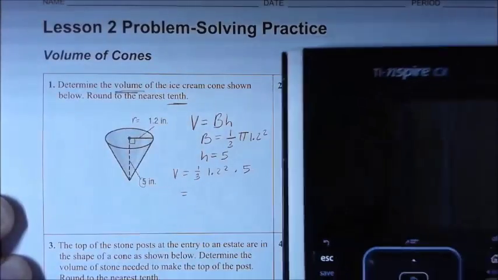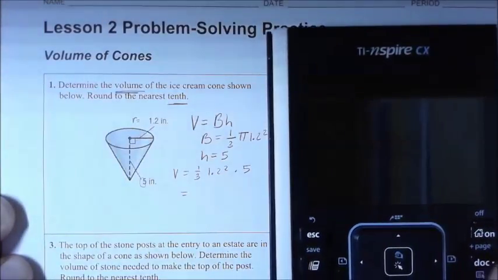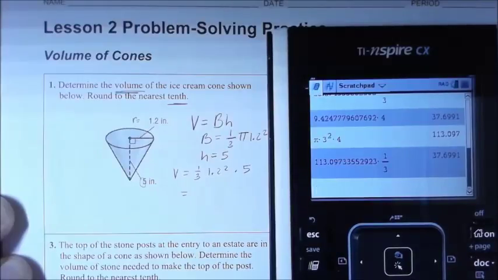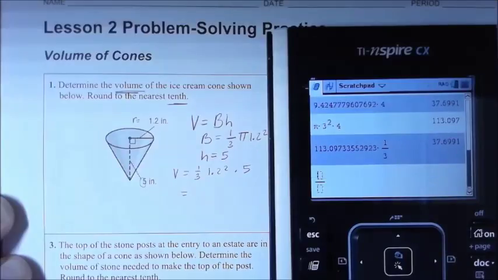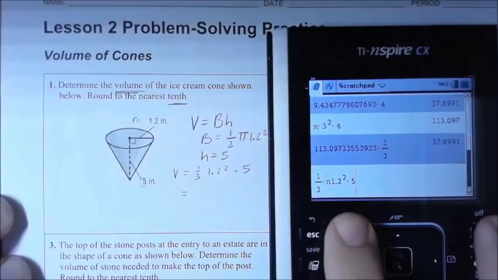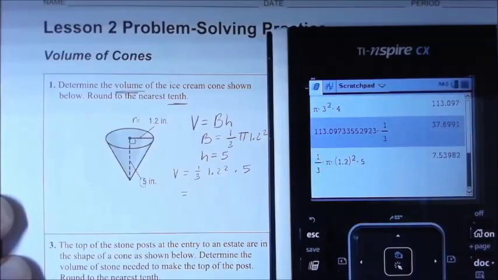And that is equal to 1/3 times pi times 1.2 squared times 5.